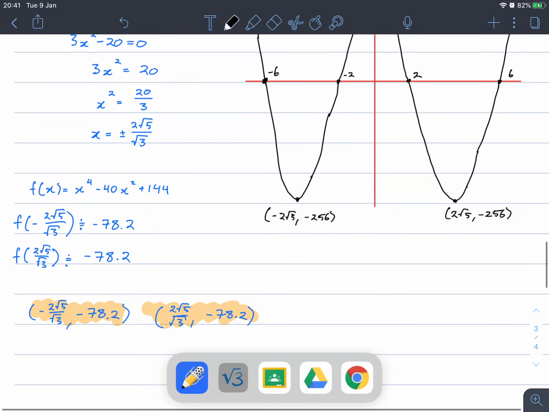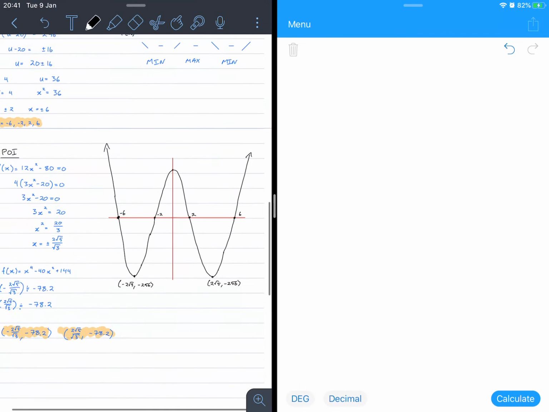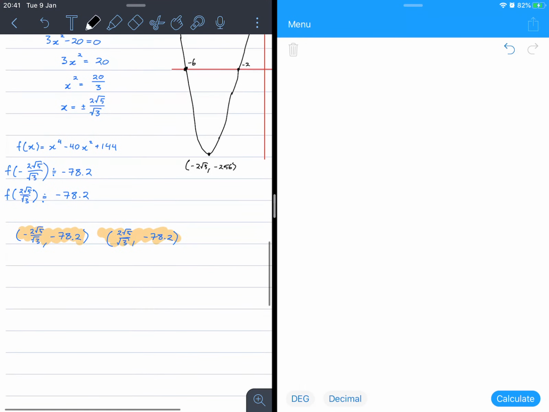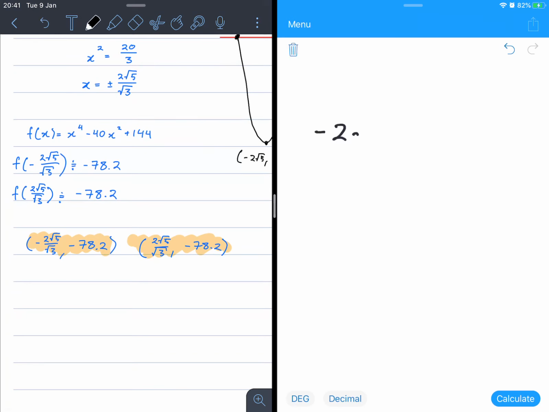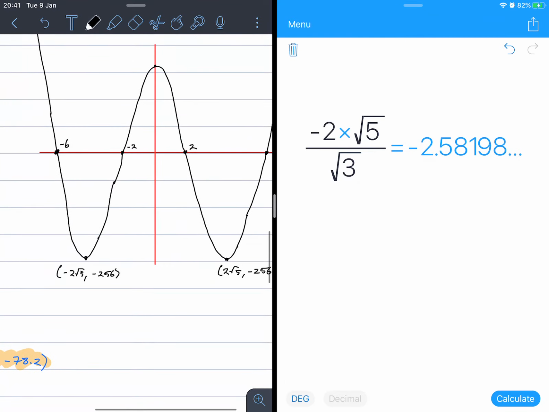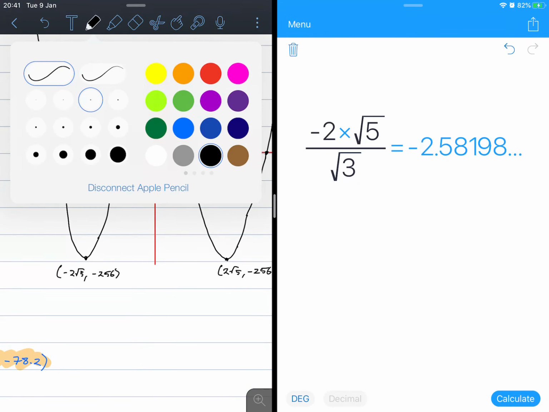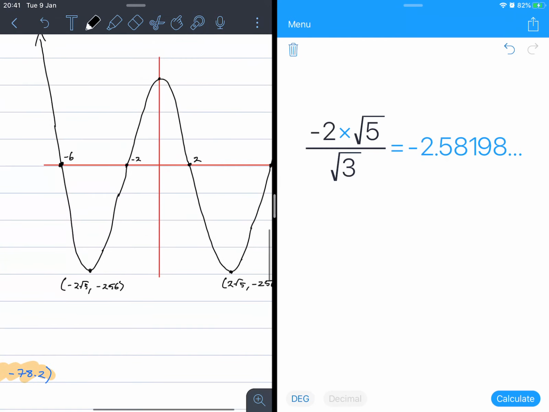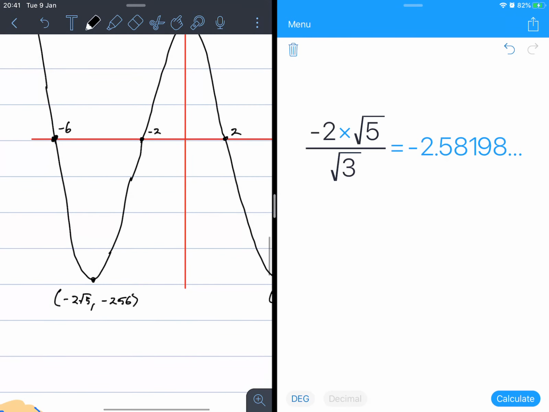-2√5 on √3. Let's test what that is in terms of x. -2√5 on √3 is approximately -2.5. So it's very close to our intercept. It's approximately over here and here. So those two are our points of inflection.